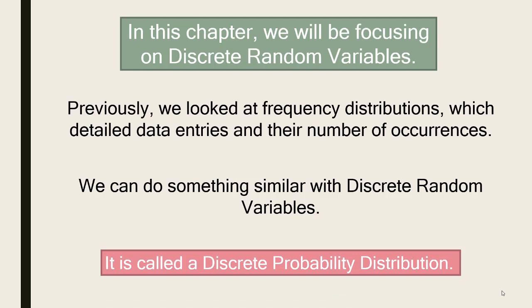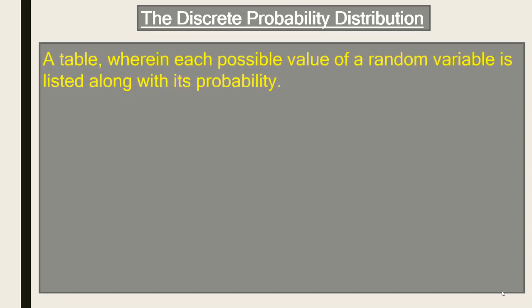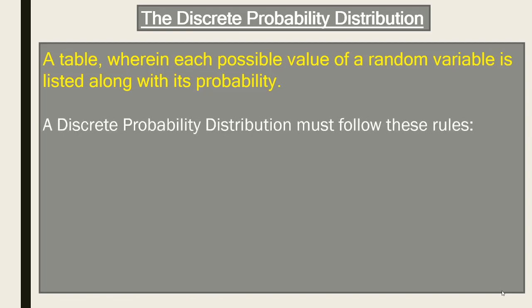So let's flesh out that idea. A discrete probability distribution is a table wherein each possible value of the random variable is listed along with its probability.